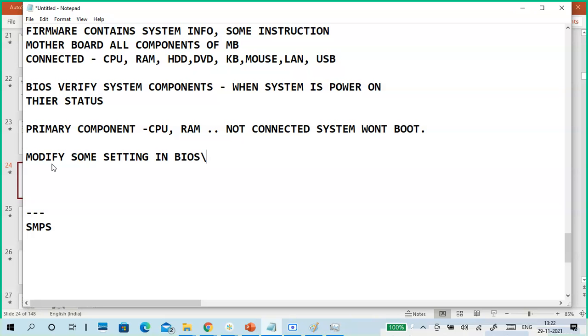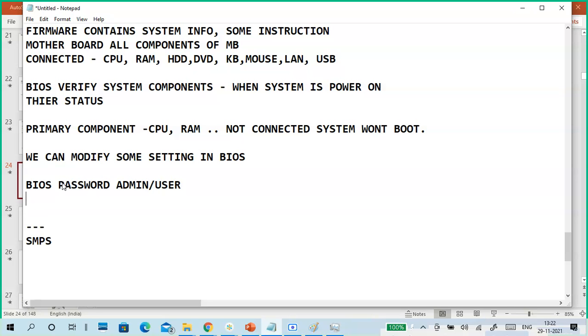So we can modify some settings in a BIOS, like hardware password, which means BIOS password, both admin and user. Not a computer password; it is a different one.